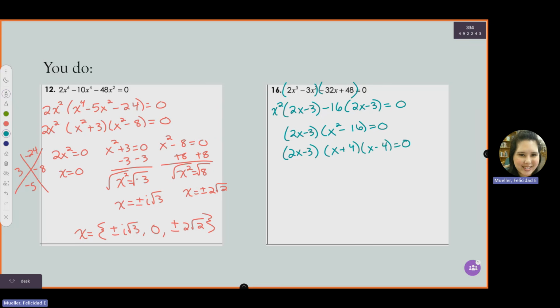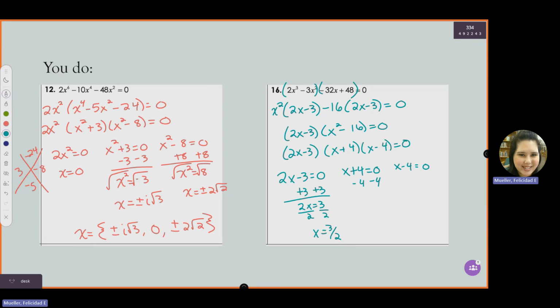So now that they're completely factored, we're going to set them all equal to 0. And we're going to solve, so add 3. So 2x equals 3, divided by 2. X equals 3 halves.